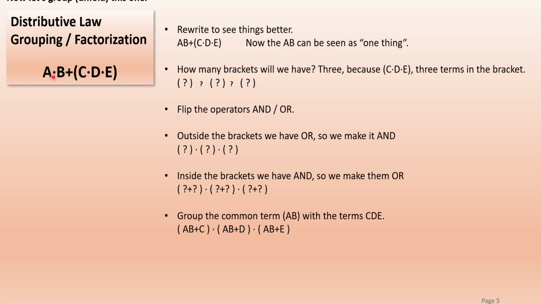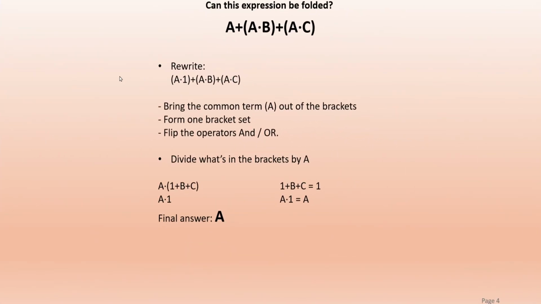AB is just like A and B. It just looks a little bit better for us. So now A and B can be treated as, quote unquote, one thing. So we have something like this right here.